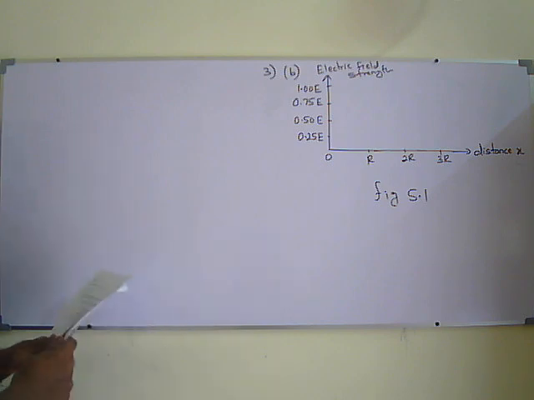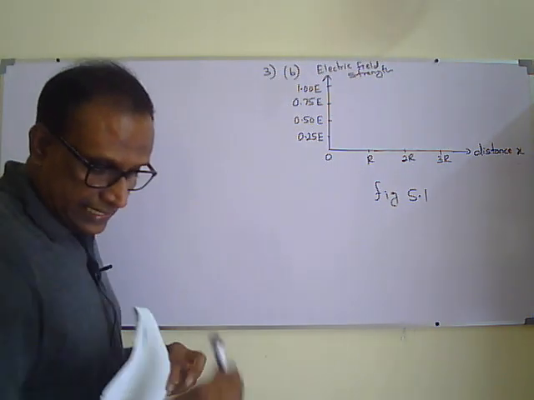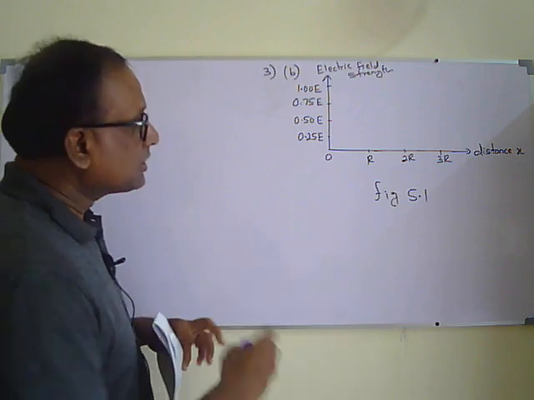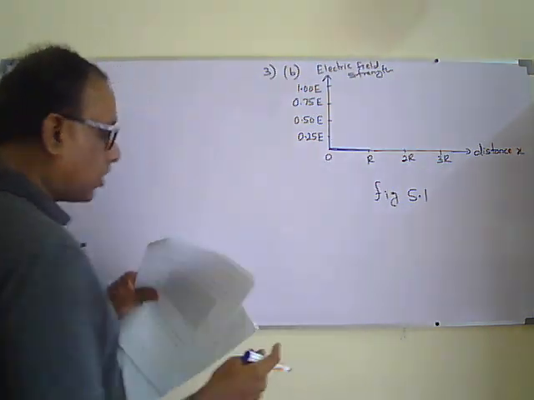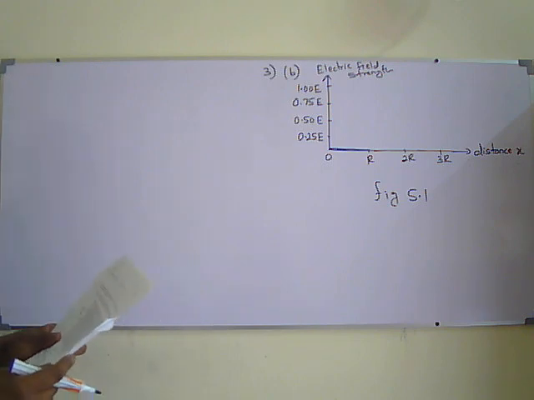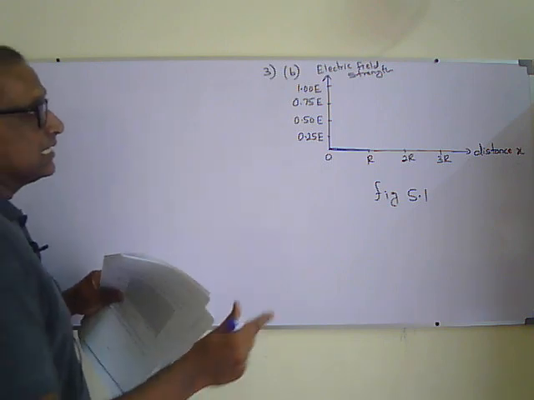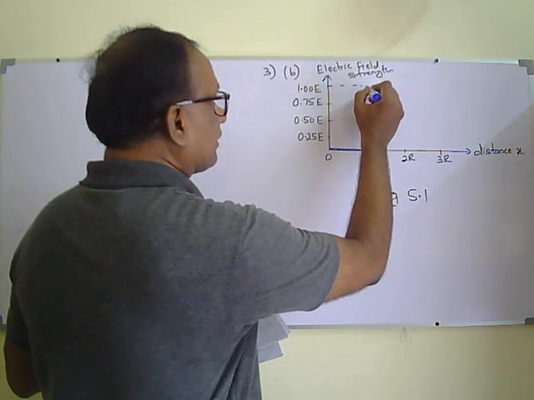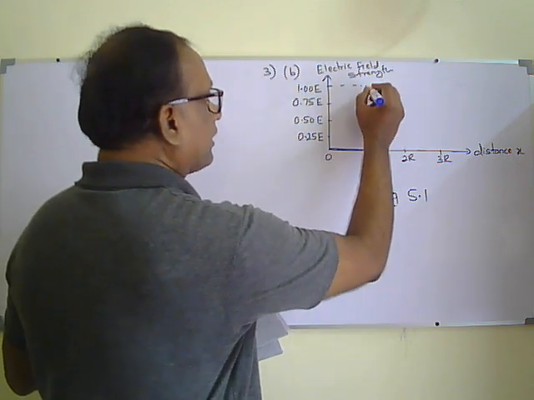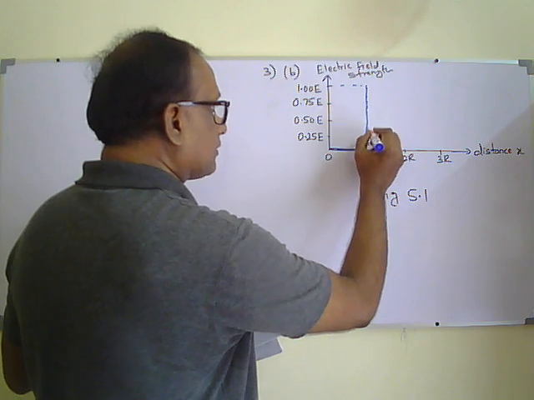So up to R, the electric field strength must be equal to 0. On the surface, they are saying electric field strength is E. So at R, the electric field strength should be equal to E. So I can draw this by a solid line.